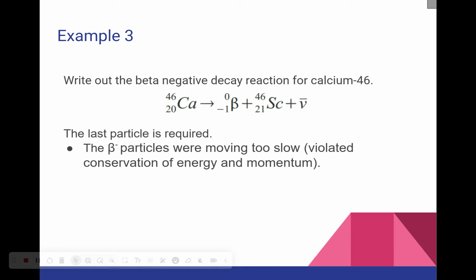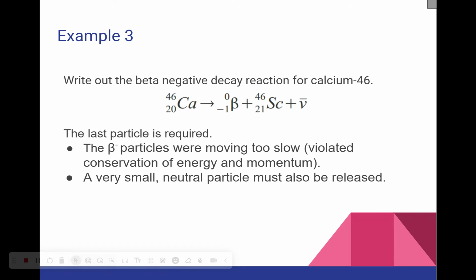They weren't doing conservation of energy or momentum for us. So they realized there must be another tiny particle coming out, with almost no mass, but moving wicked fast, and it has no charge. That's why it's so hard for us to detect it and notice it.